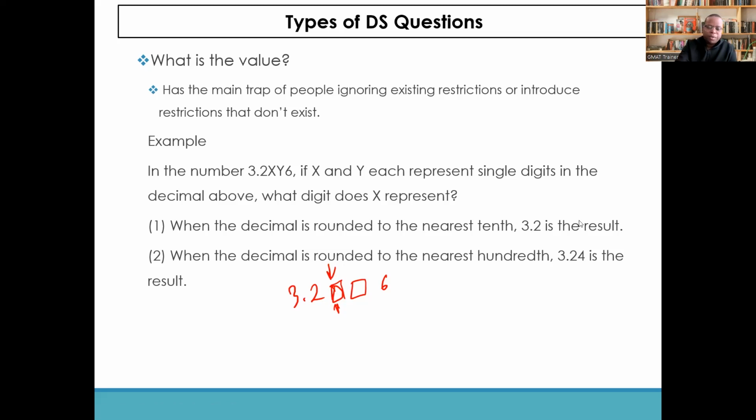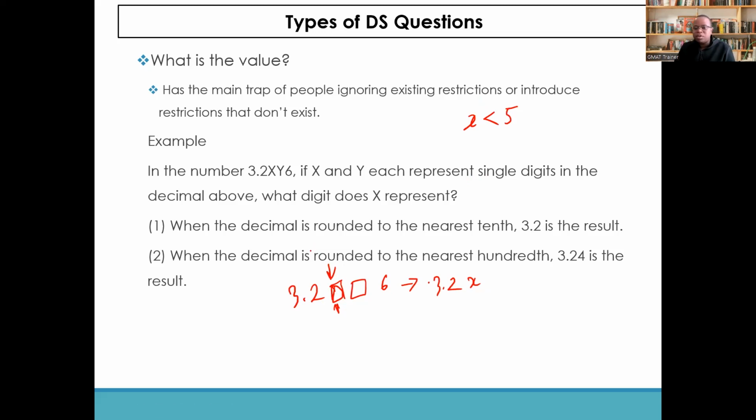It says that when the decimal is rounded to the nearest tenth, 3.2 is the result. What does this tell us? This tells us that the number in itself is 3.2, and then this digit, x, is less than 5. Given the rounding off rules, if a number is less than 5, it rounds off to the lower.